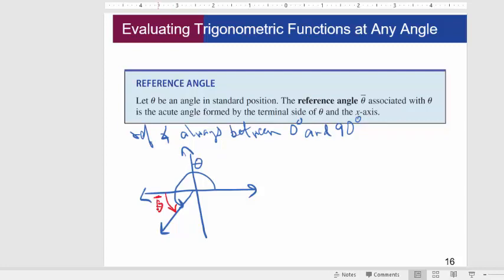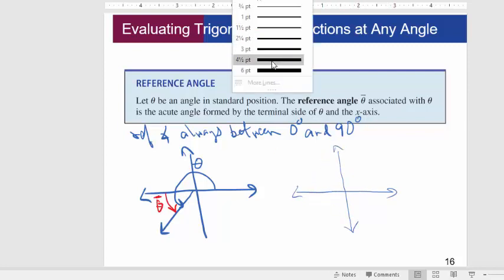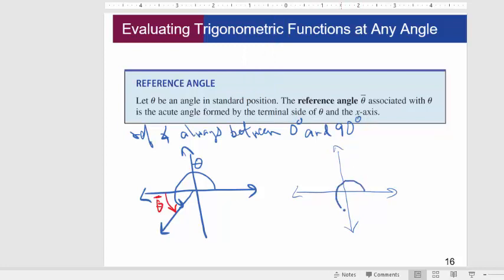Theta with the little bar over it. That's my reference angle. And then if your angle is in the fourth quadrant, let's say, if that's your theta, in this case, your theta bar is going to be that angle, right? So you're always going to the x-axis to form your reference angle.